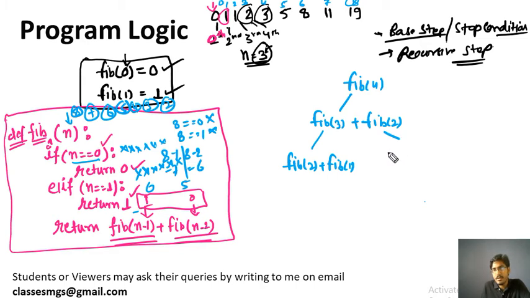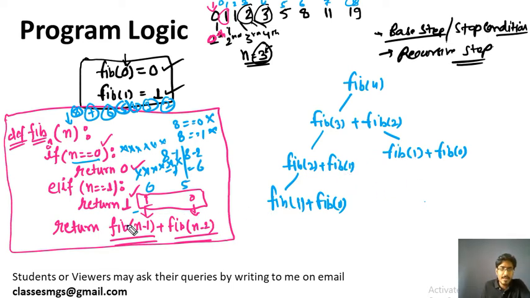On this side also, Fibonacci 2 will call Fibonacci 1 plus Fibonacci 0, because 2 is not equal to 0, 2 is not equal to 1.